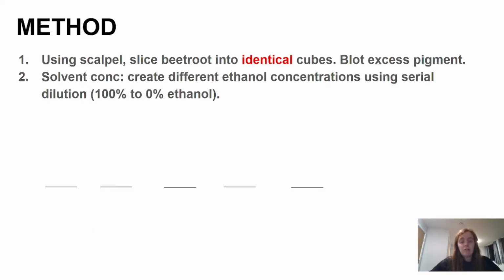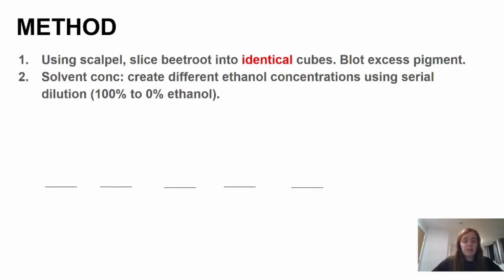It's not just a dilution, it's a serial dilution. That means you take one tube and take some of the liquid out of that tube into another tube, and then some of the liquid from that tube into another tube, and so on. So the solution will gradually get weaker and weaker. If you're asked about this in an exam, they wouldn't give you a mark if you just said dilution. You'd have to say serial dilution.